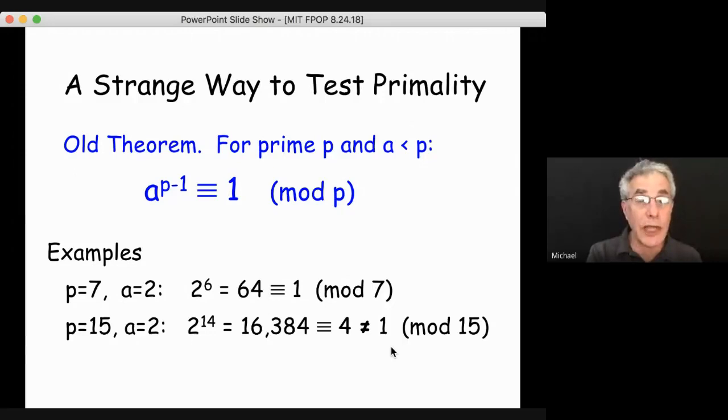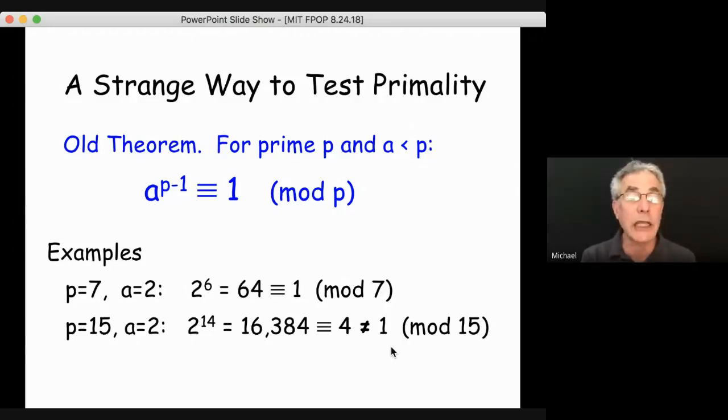Now, what that tells you, this is the cool part, is that 15 cannot be prime. You got 4, so 15 couldn't be prime, because if it were prime, you would have to get 1. And the fact that you didn't get 1 is a proof that 15 is not prime.